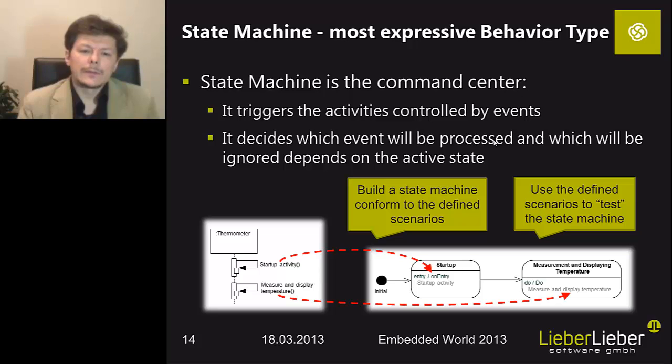State machines are the command centers of your classes, of your systems. They do basically nothing by themselves, but they trigger the activities controlled by events, and they decide which event will be processed and which will be ignored, depending on the active state.